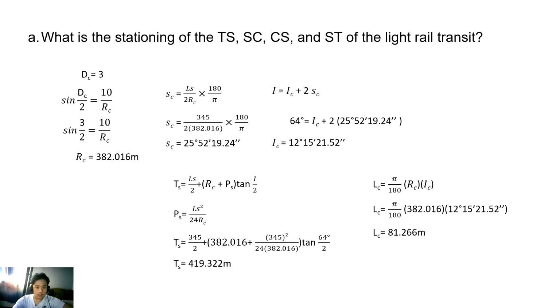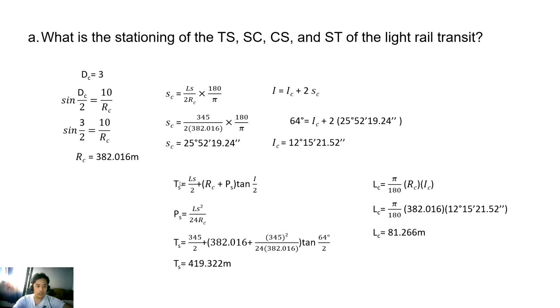So, para makuha natin yung TS, we're going to use LS squared over 24 RC. Balik na tayo dito sa formula para dire-diretso.